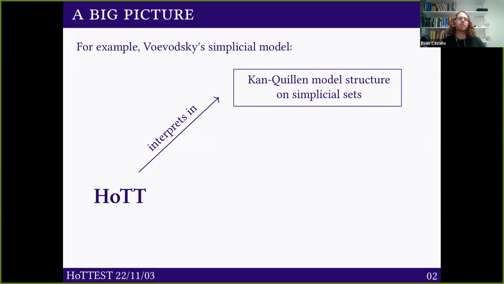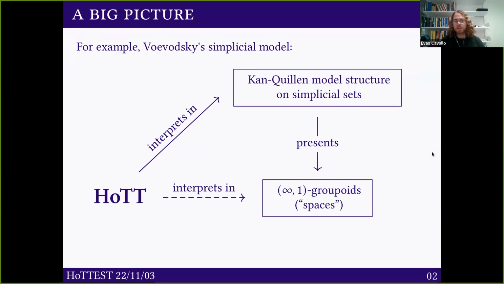Specifically, types are being interpreted as fibrations in this model structure. And that model structure is a presentation of the infinity topos of infinity groupoids, which we might call the infinity category of spaces. So we have, in an indirect way, an interpretation of HoTT in this infinity categorical object.